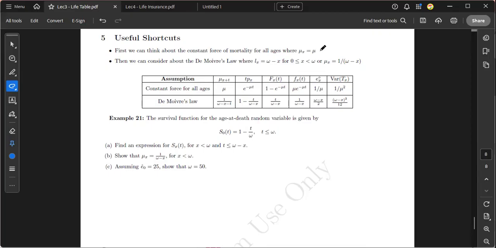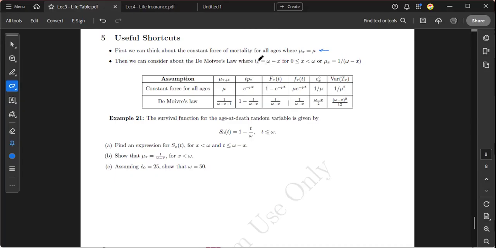And when the constant force of mortality happens, mu x becomes just mu, which is a constant. And under the uniform distribution of death, or specifically de Moivre's law, it says the number of survivors at age x follows a uniform distribution with the maximum omega.